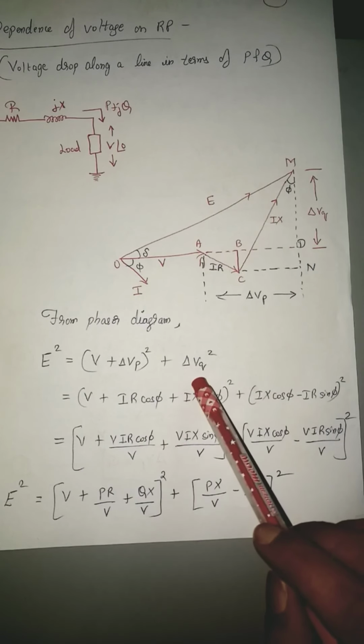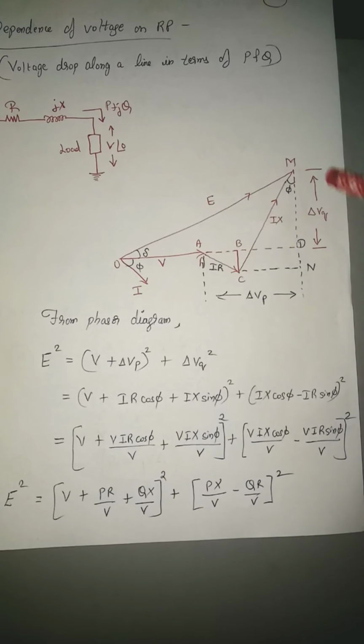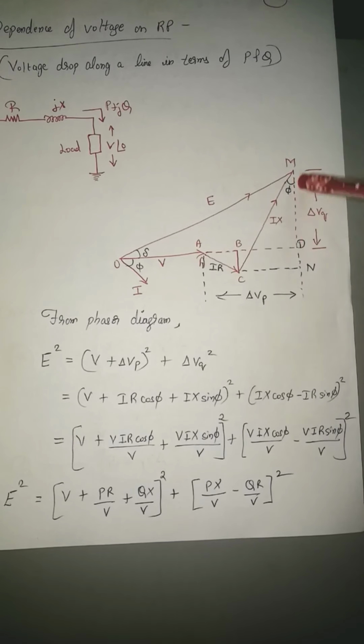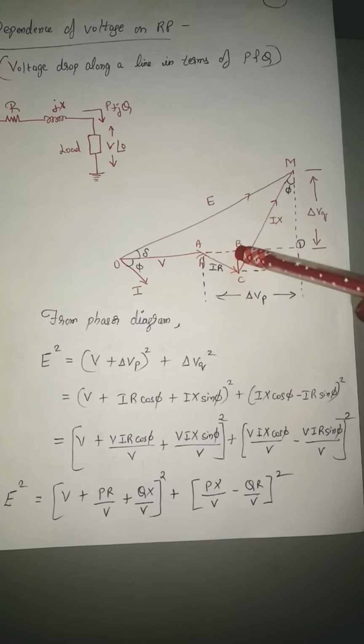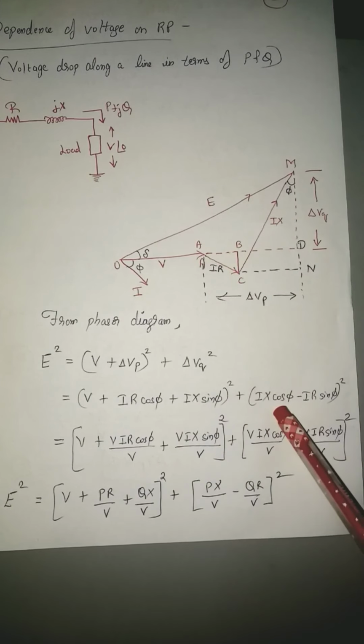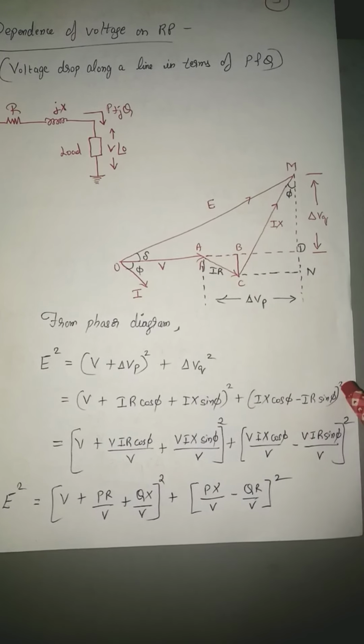In place of delta VQ, this MD can be written as MN minus DN, where MN is the cos component of this triangle. So I have written IX cos phi minus DN. DN is the same as BC, the sine component of this triangle, so it will be IR sin phi. So (IX cos phi minus IR sin phi) the whole squared.